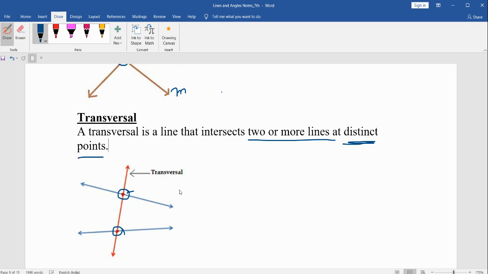And this red line is called your transversal, because these two blue lines, however they are not parallel, are still different lines. And this red one intersects these two lines at two different points, and that's why it is called a transversal.